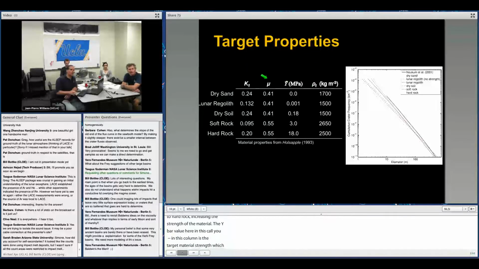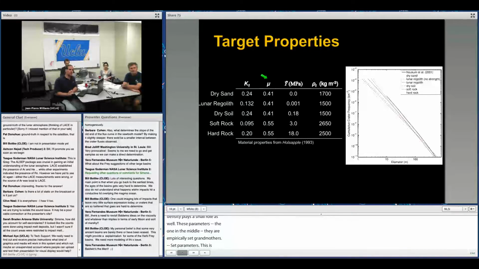And then these two parameters, K1 and mu, are empirically fit parameters. K1 is a scaling factor, and mu is an exponent related to the efficiency of your target material at dissipating energy and is related to porosity. So the more porous target materials have a lower value. The two rock materials here have a higher value.